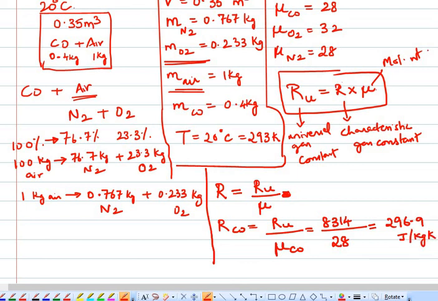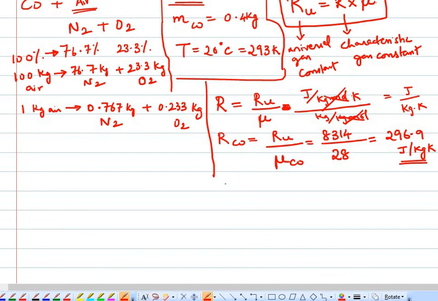So how I am getting this joule per kg Kelvin? Because the unit of universal gas constant is joule per kg mole per Kelvin divided by unit of molecular weight is kg per kg mole. So kg mole gets cancelled. Remaining I will be having joule per kg Kelvin. That's how I arrived at this R unit.